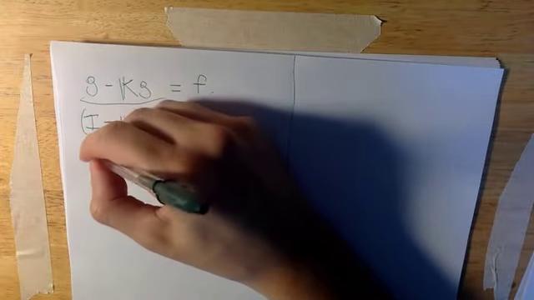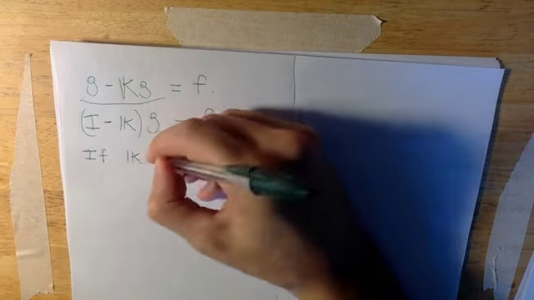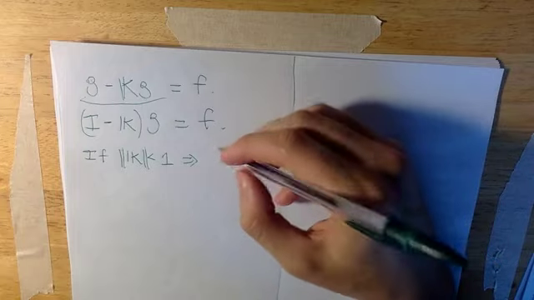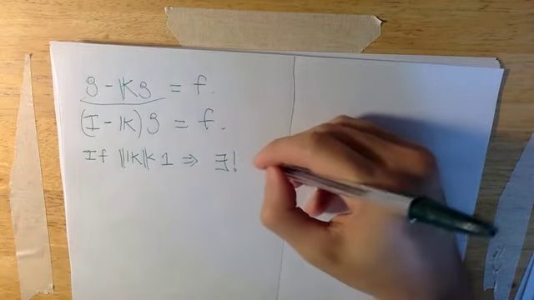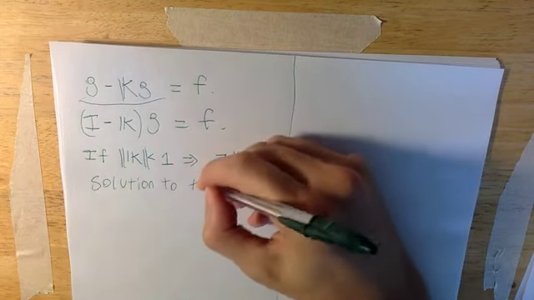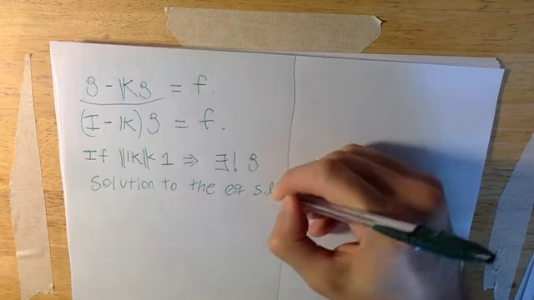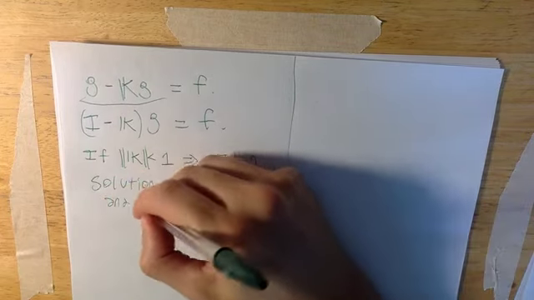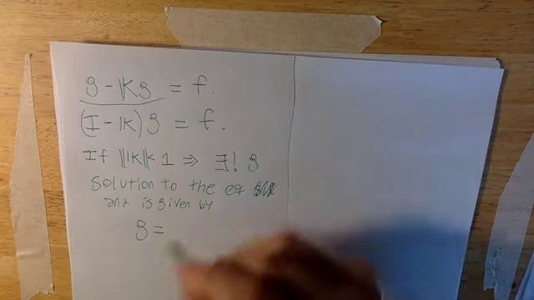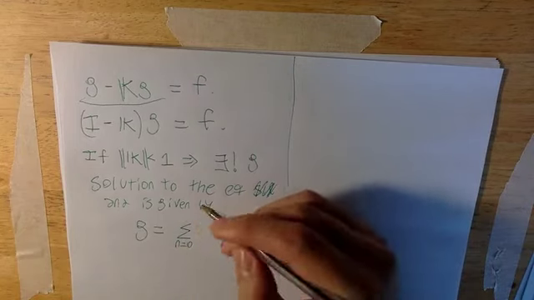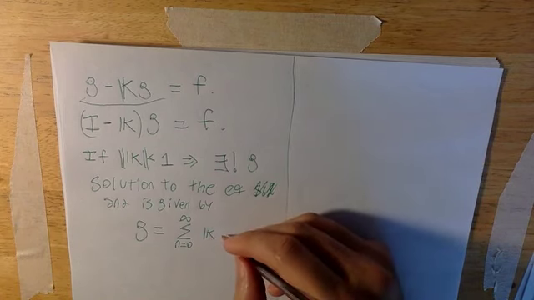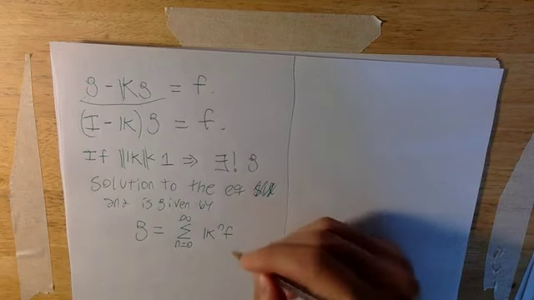Then, if the norm of K is less than 1, there exists a unique solution G to the convolutional equation, and it is given by G equal to the sum from n equals 0 up to infinity of K to the n applied to f.